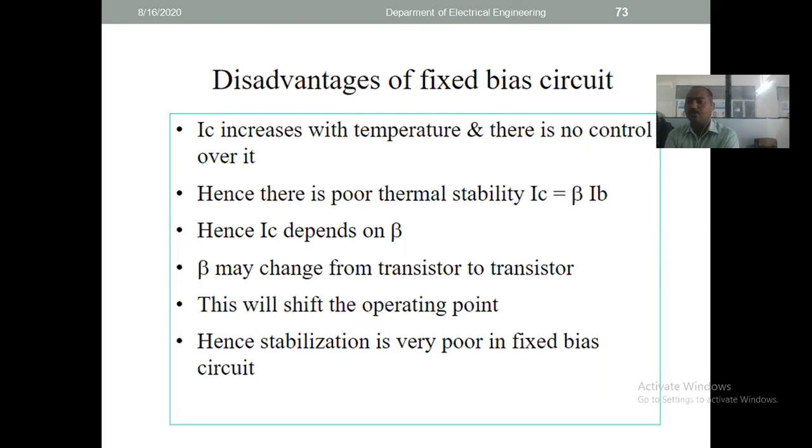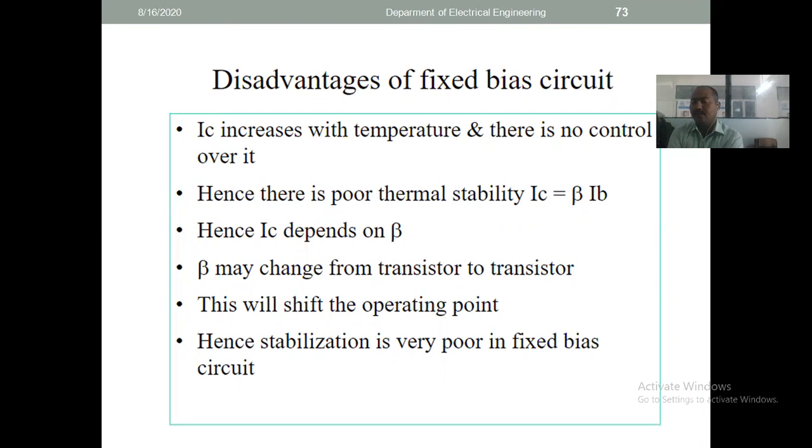Another is poor thermal stability. We know that IC equals beta times IB, so beta changes as temperature or the environment changes. So it has less thermal stability, which indicates the temperature effect. So here beta depends on collector current.